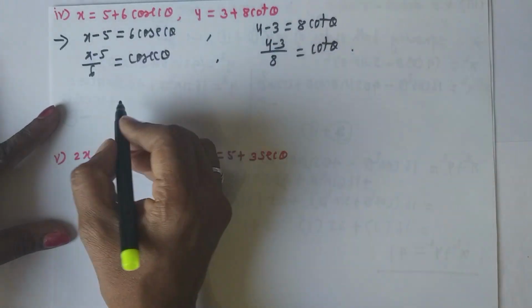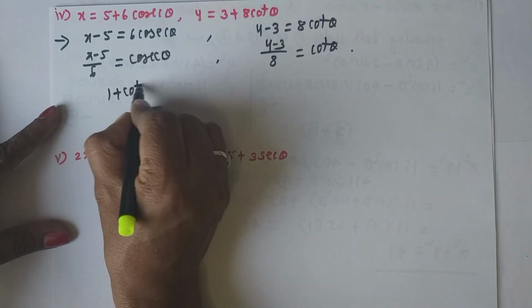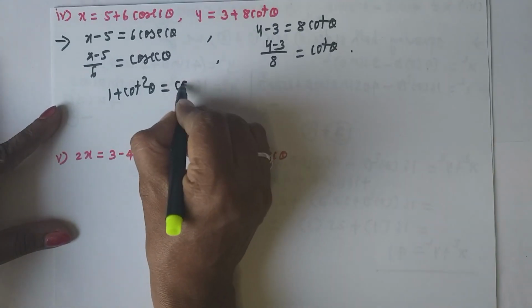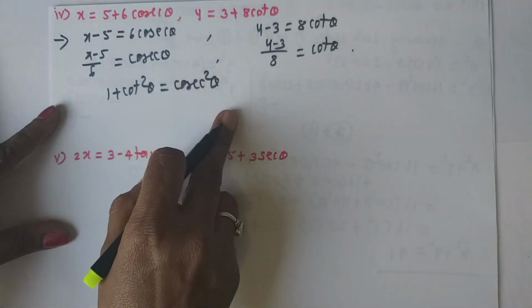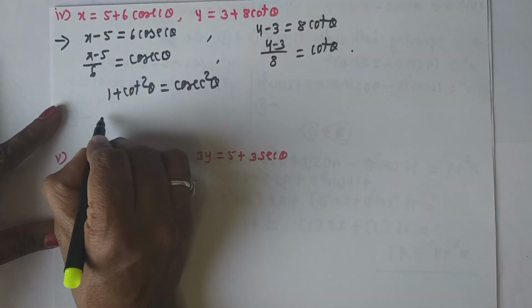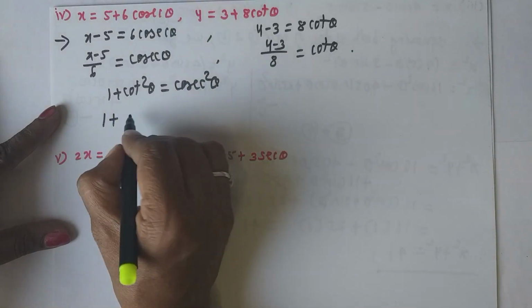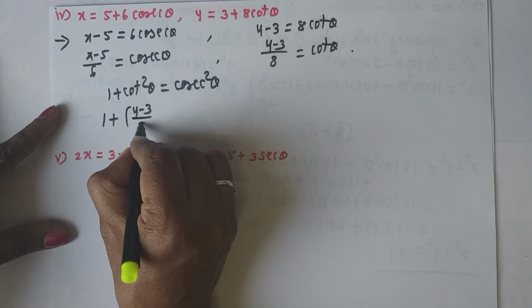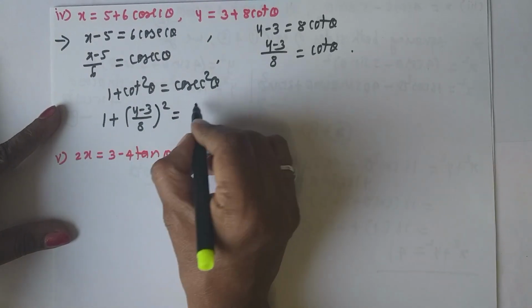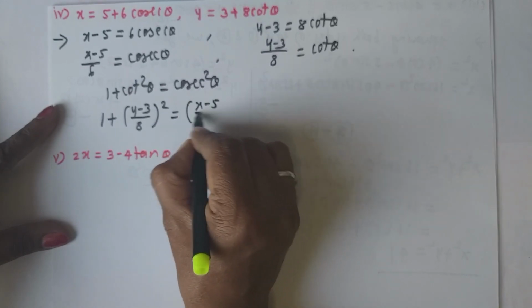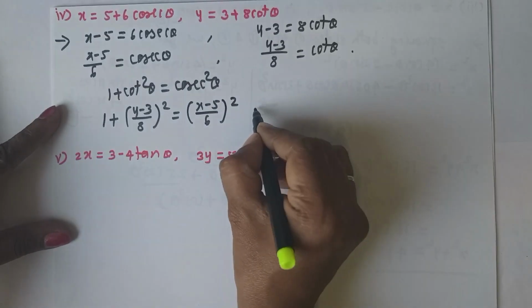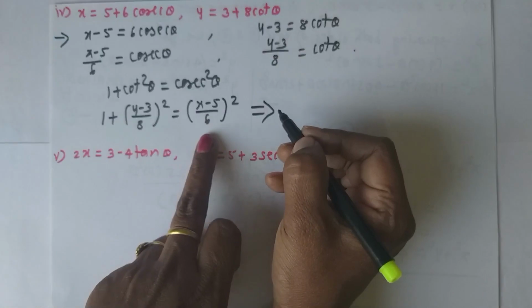And we know the identity 1 plus cot square theta is equal to cosec square theta. In this equation you keep the value of cot and cosec. See, value of cot is y minus 3 divided by 8, its square. Value of cosec is x minus 5 divided by 6, take its square. And from this you write down this neatly.